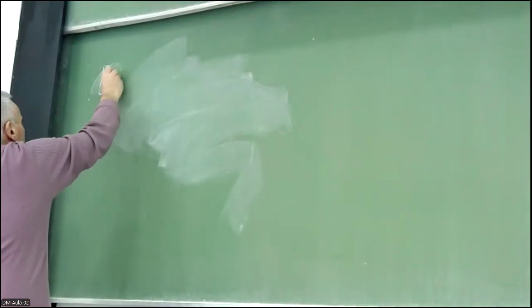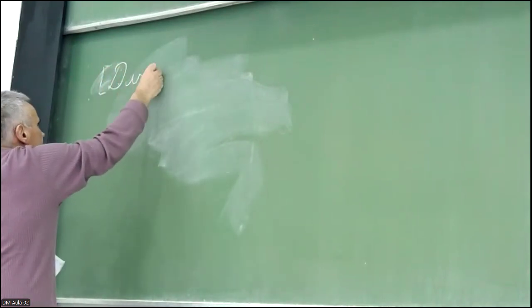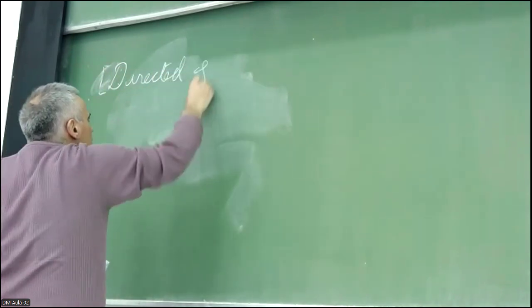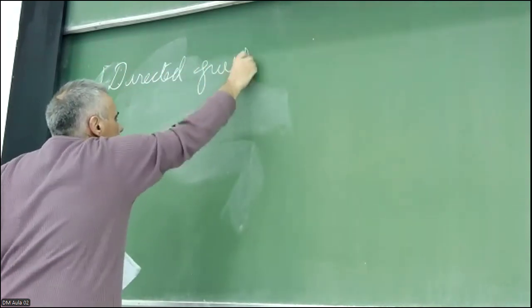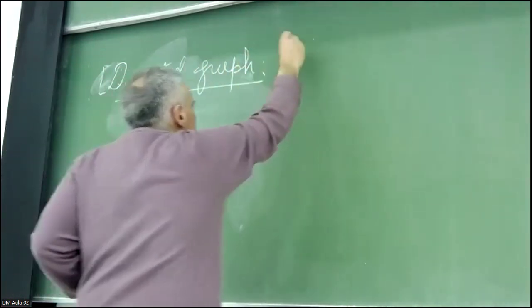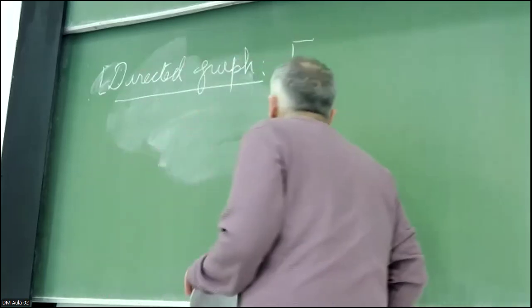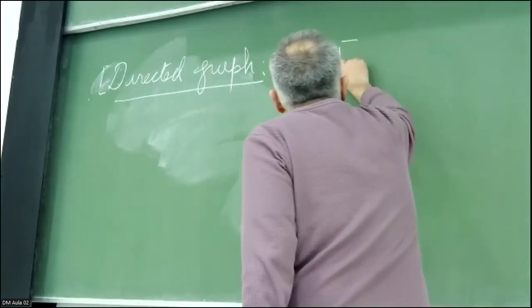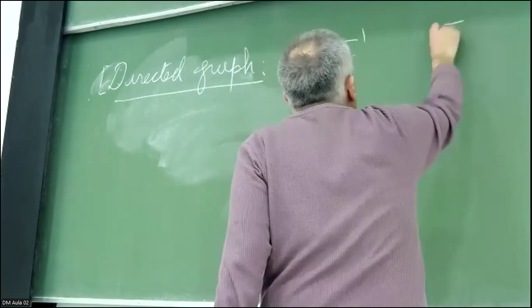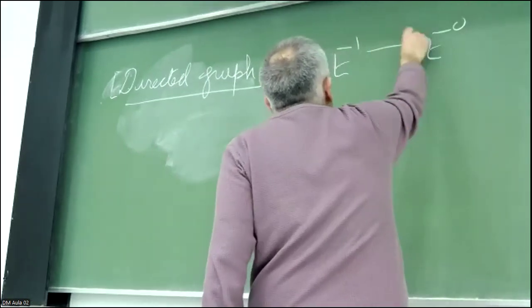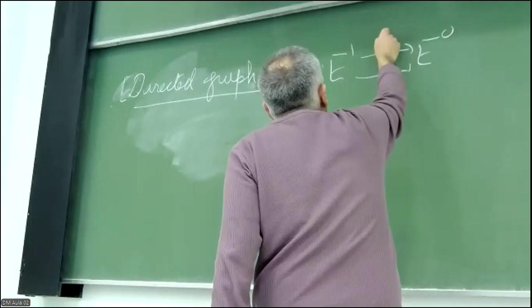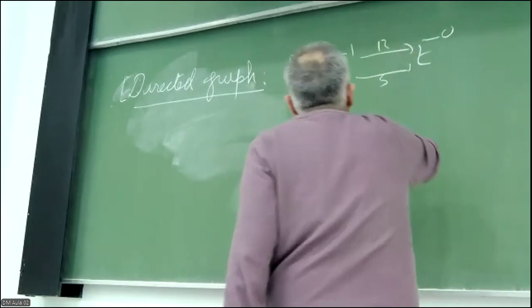So a directed graph, which we will call E, consists of two sets, E^1 and E^0, and maps r and s.